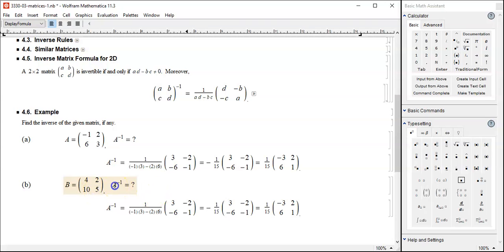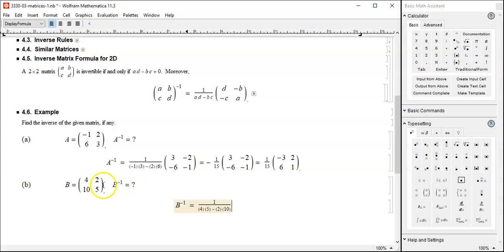Okay, all right. And let's find the inverse of this matrix. 1 over, and then multiply the principal diagonal, right? 4 times 5 minus, and then the other, 2 times 10.